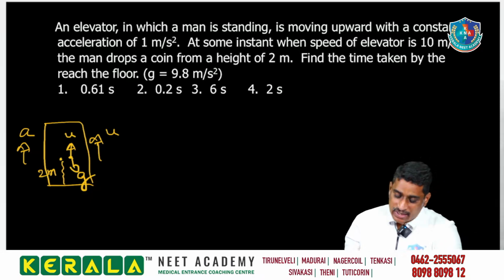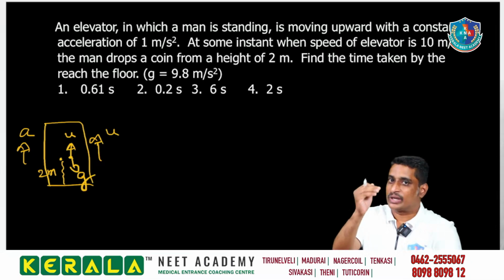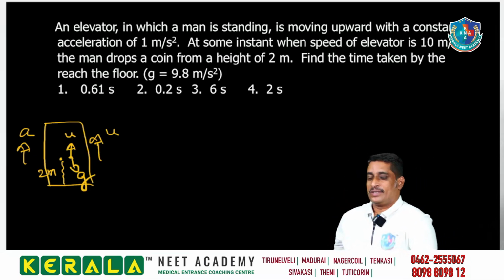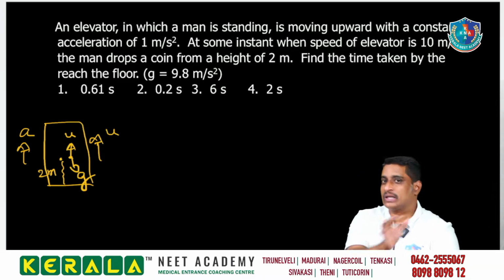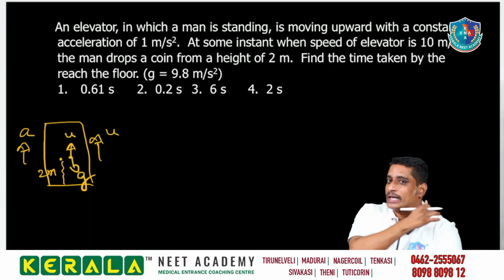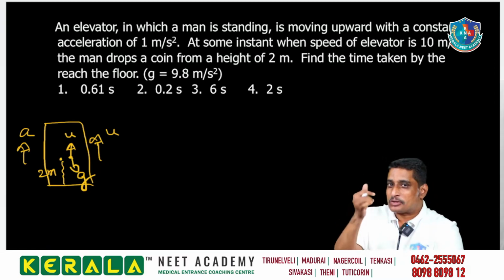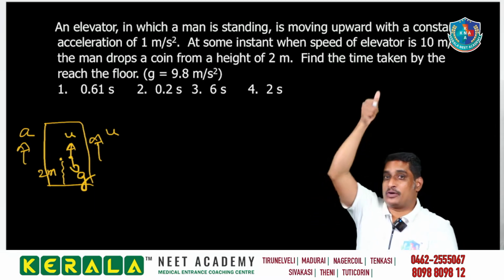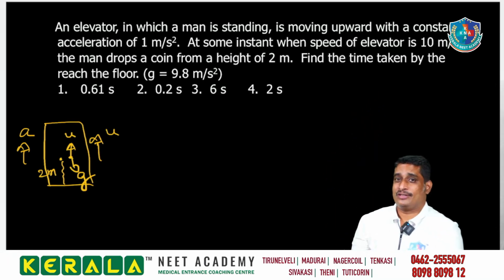They are asking us to find out how much time that stone will take to reach the floor of the lift. So let us make the interpretation clearly here. If you look at the stone from the ground frame, with respect to the ground, it will have the initial velocity u in the upward direction and acceleration g in the downward direction.